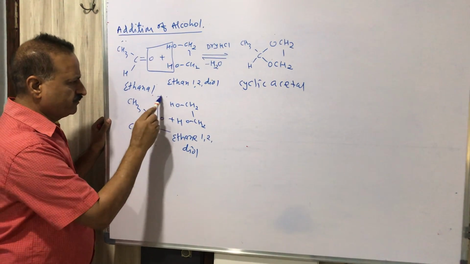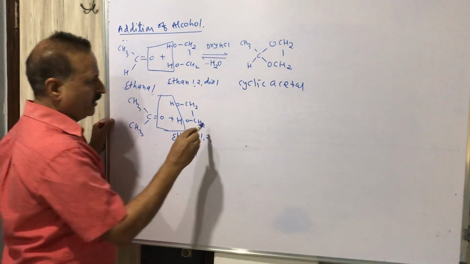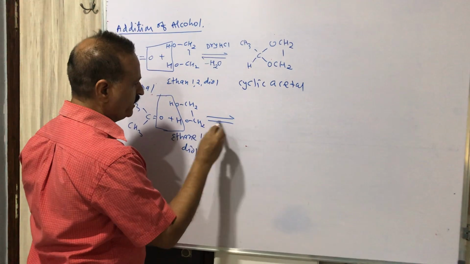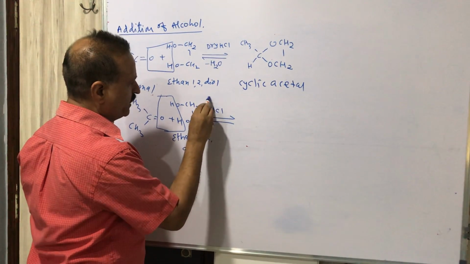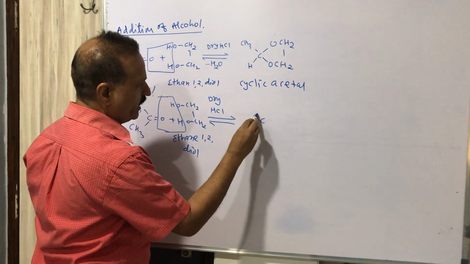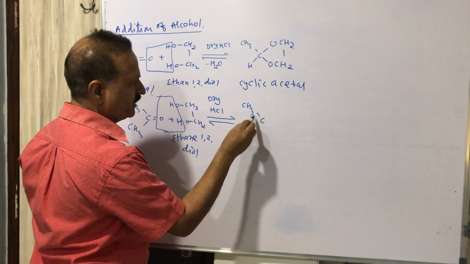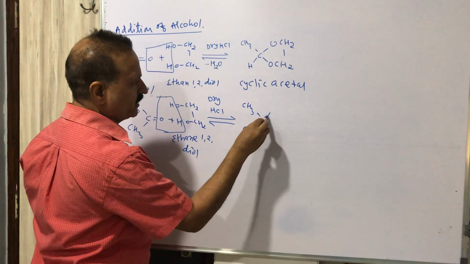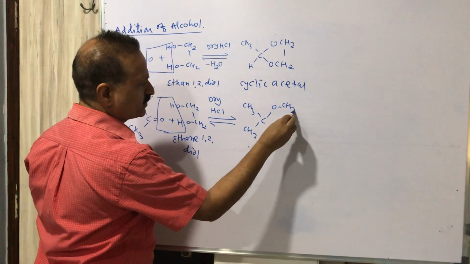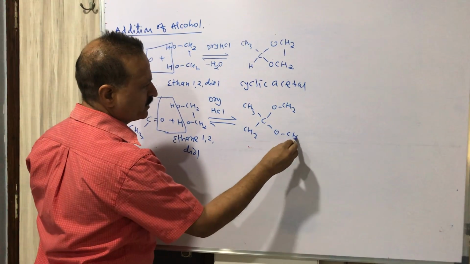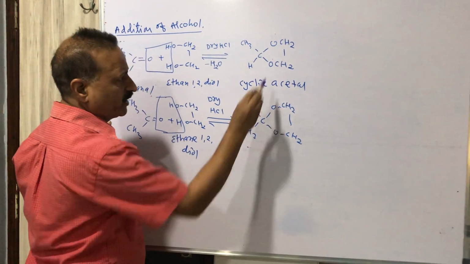H2O will be released from here, and it is a reversible reaction in the presence of dry HCl. We get a cyclic ketal, CH3, CH3, here O-CH2-CH2-O, and this bond as it is.